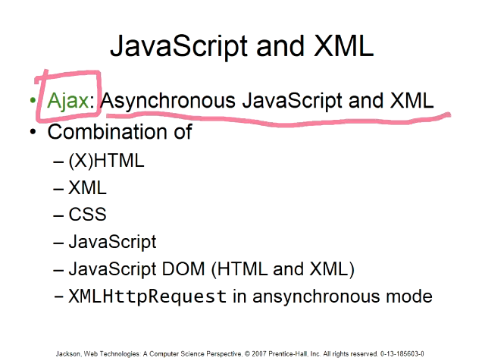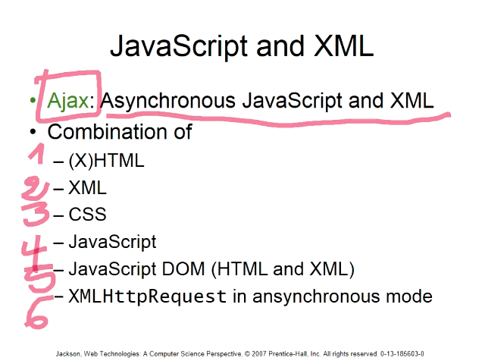So what is AJAX? AJAX is the abbreviation of asynchronous JavaScript and XML, and it is a combination of HTML, XML, CSS, JavaScript, Java DOM, and the object XML HTTP request in asynchronous mode.